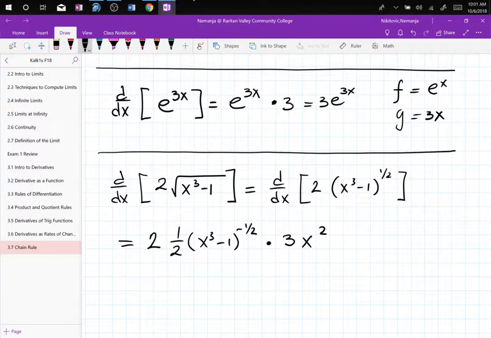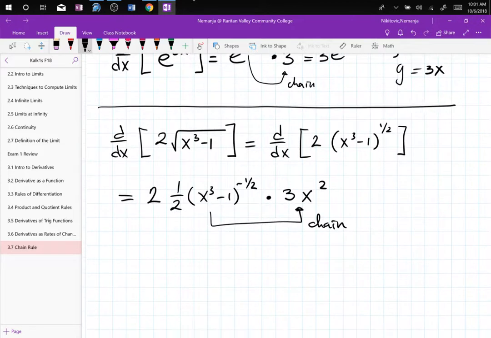So it drops the half down, and then 1/2 minus 1 is negative 1/2, and this was supposed to be x, but it's actually g, so we have to put x cubed minus 1, times the derivative of the inside, and that's the chain, right? So the derivative of the inside, as I say over here, that's the chain.